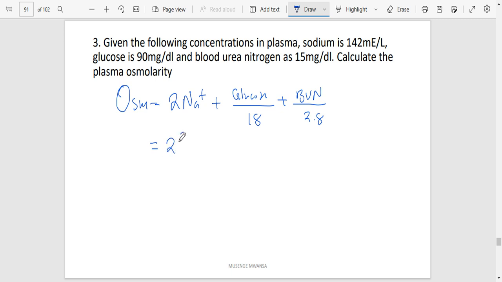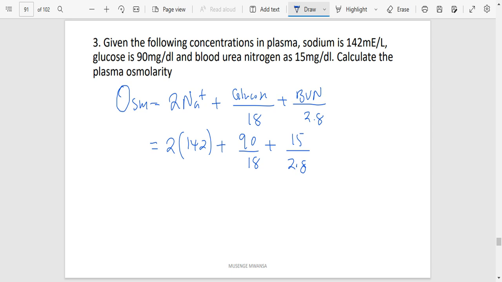So this is going to be 2 times the concentration of sodium, which is 142 milliequivalent per liter, plus glucose, we've been given glucose as 90, divide that by 18, and then plus blood urea nitrogen as 15, divide that by 2.8. So let's see what we get.